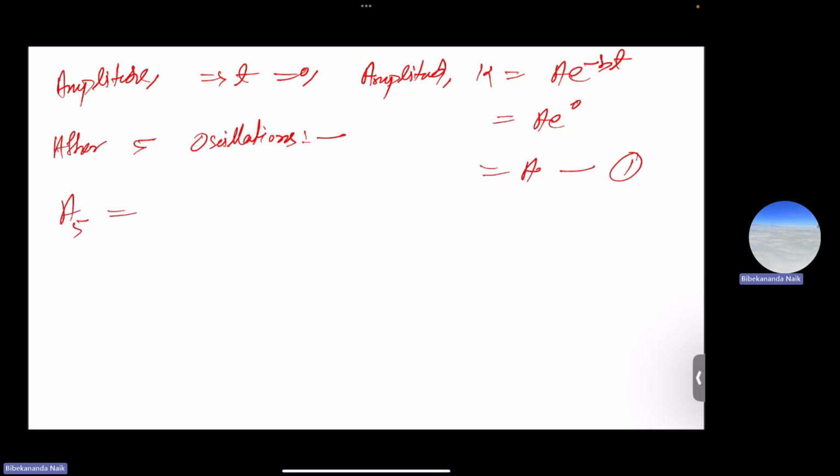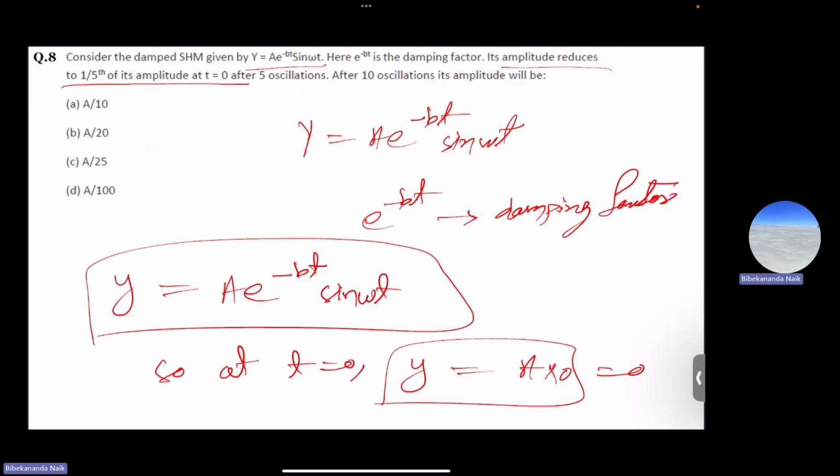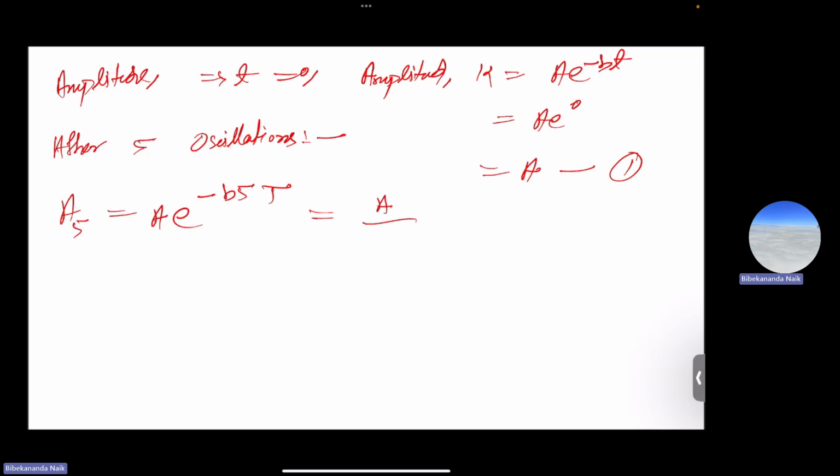Suppose a5 will be a e to the power minus b 5t, and it is given in the question that it is 1 by 5th of the amplitude. So this is a by 5.